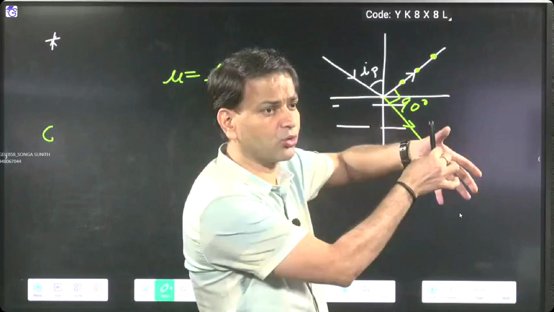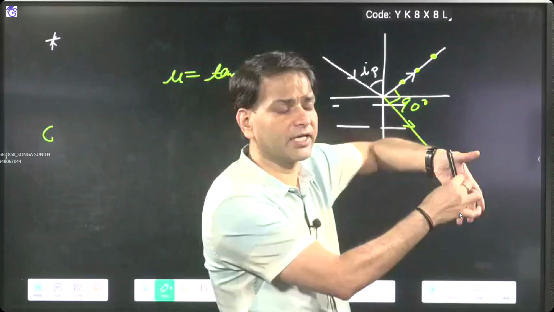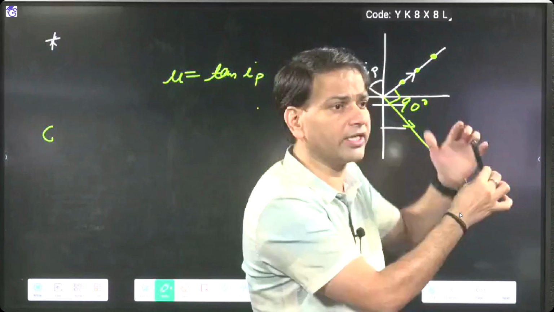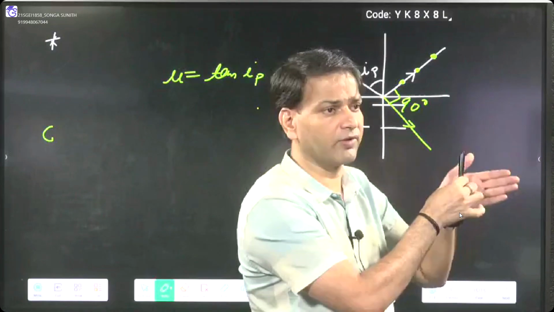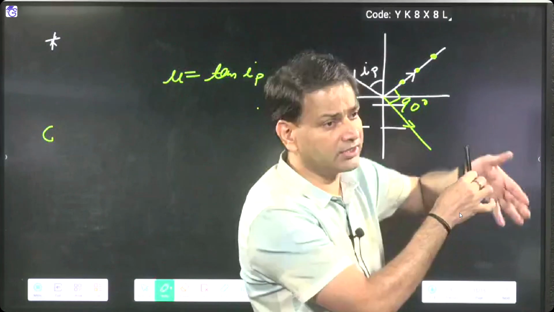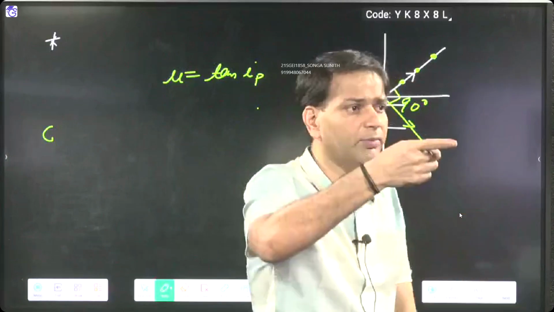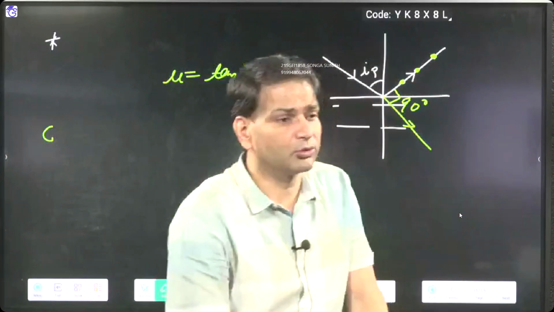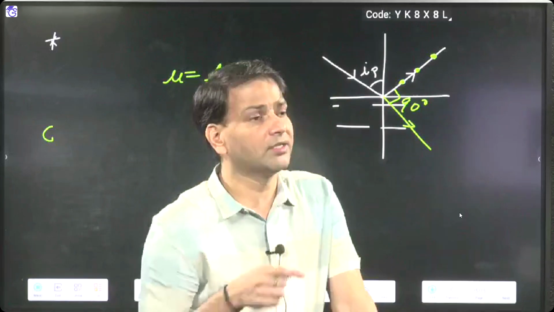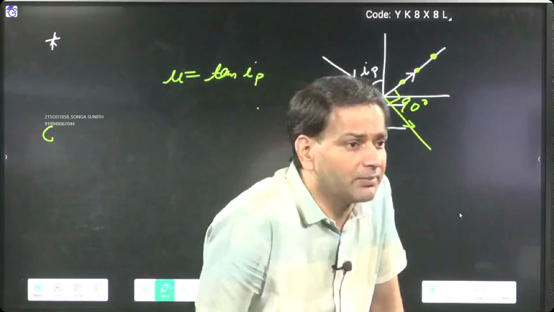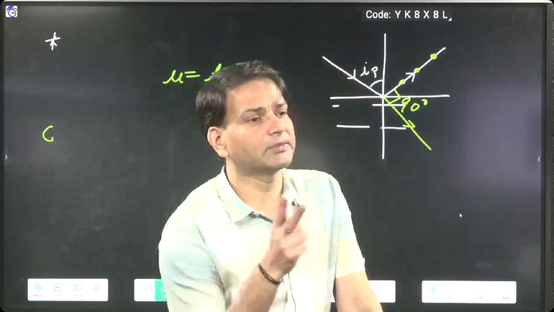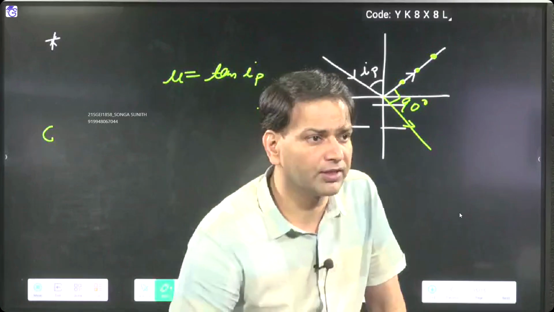Still rotating, again it becomes parallel, again maximum. Still rotating, again they become perpendicular, again 0. Still rotating, again they become parallel, again maximum. So in one rotation of the polarizer in the path of the reflected beam, 2 times the intensity will be maximum, and 2 times it will be 0 or minimum, we can say.